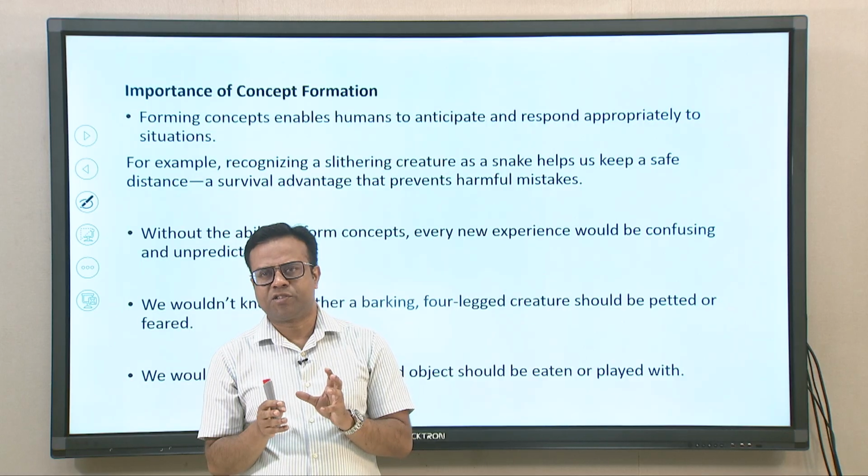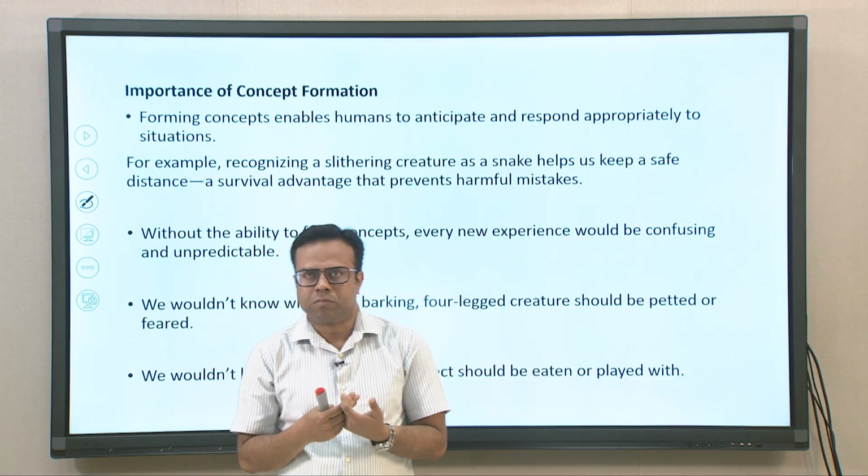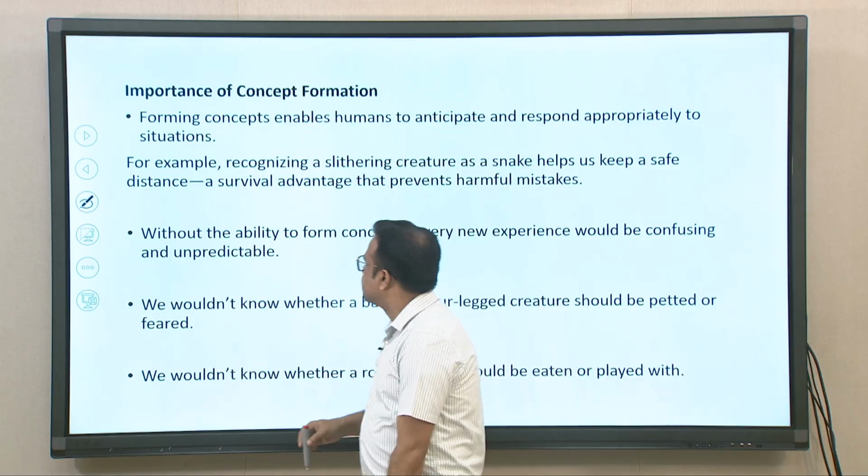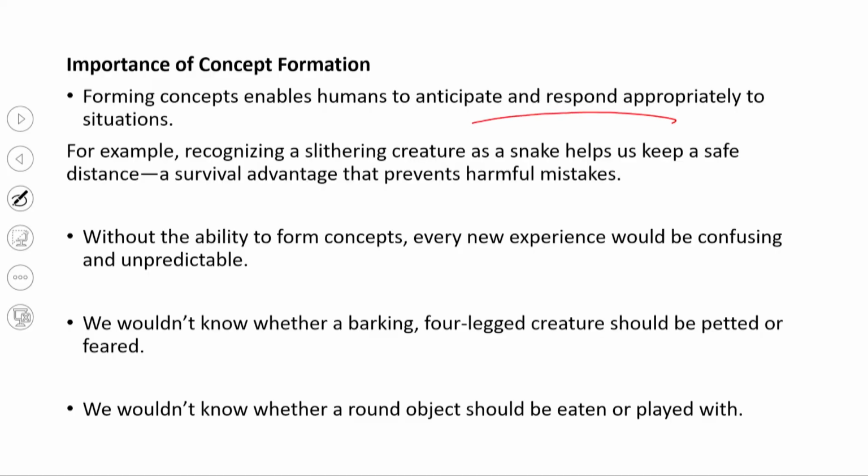Concept formation plays a major role in our efficient functioning in the real world. Forming concepts enables humans to anticipate and respond appropriately to situations. It is because of the concepts that we have that we are able to respond appropriately. For example, recognizing a slithering creature as a snake helps us keep a safe distance, a survival advantage that prevents harmful mistakes.